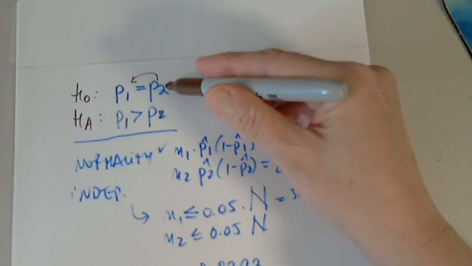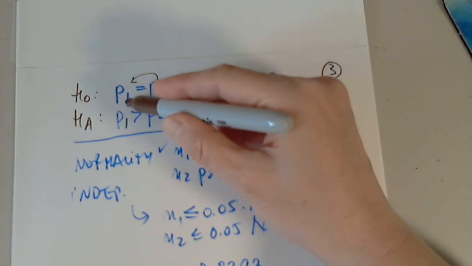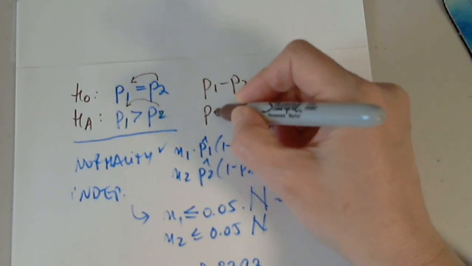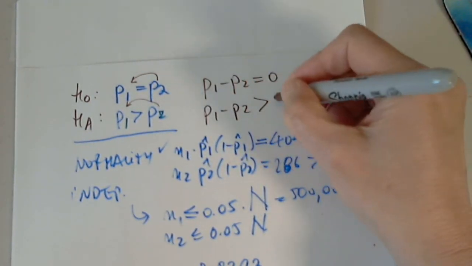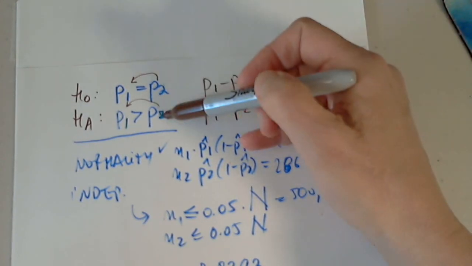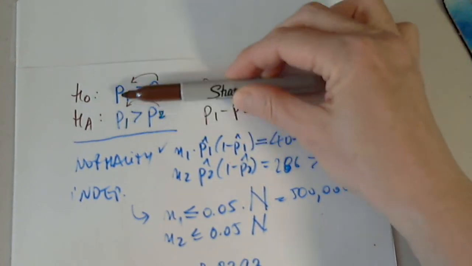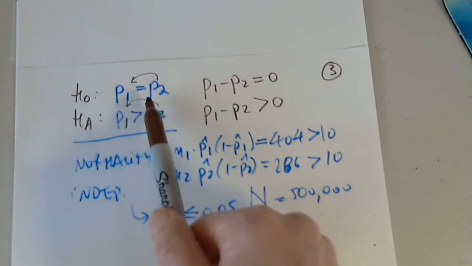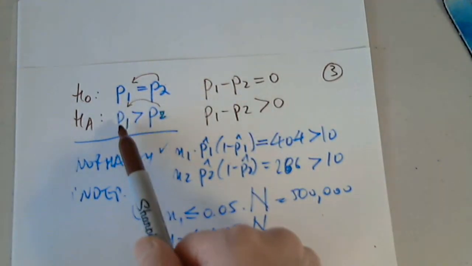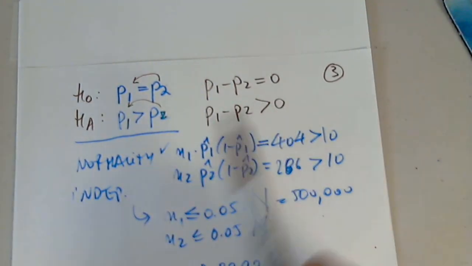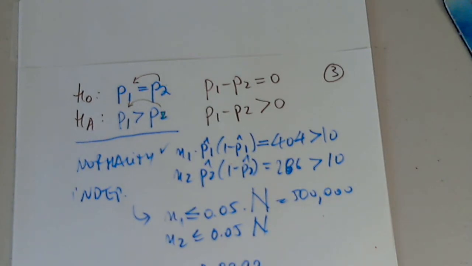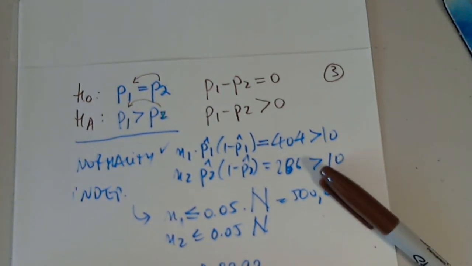It's the same thing. And it shows the alternative hypothesis as P1 minus P2 greater than 0. It's the same thing. It doesn't matter which one you write. You can write P1 equals P2 or this, or you can write P1 greater than P2 or this. Back to sharing.